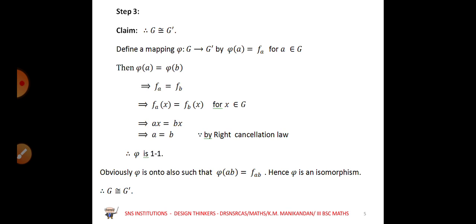So this implies FA of x is equal to FB of x for every x belonging to G. But by the definition FA of x is equal to Ax and FB of x is equal to Bx.